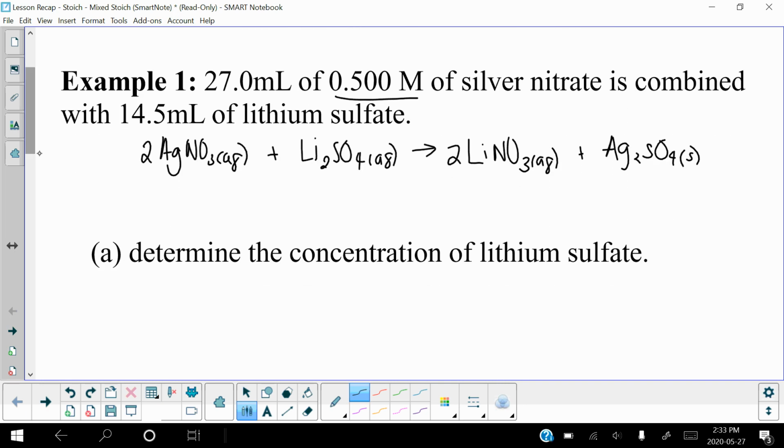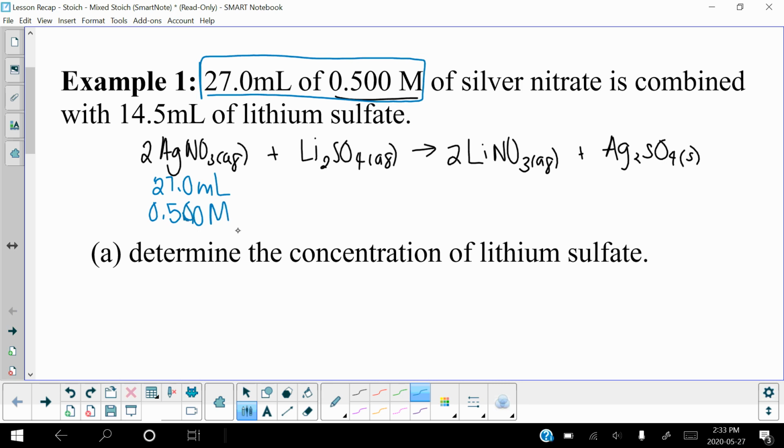Okay, let's go ahead and look at the first part of this question. Determine the concentration of lithium sulfate. So I'm going to first label my known, and my known is going to be this guy here. So it is 27.0 milliliters, 0.500 moles per liter.